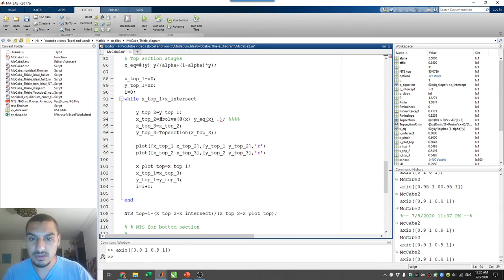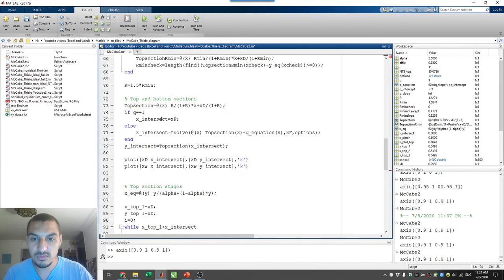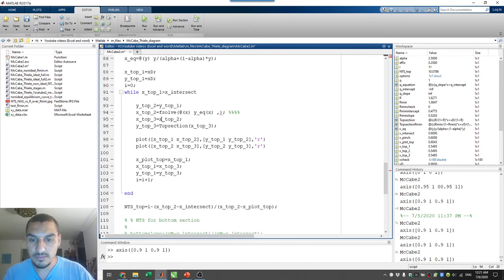This is already the name of the equation. I just want to make sure that this is the name. Yeah, it's y equilibrium of x minus the y top 2, and that's it. So what I'm doing here is asking it to get this equation equal to 0 by changing the value of x in the y equilibrium relation.